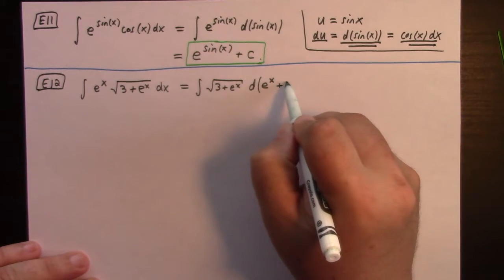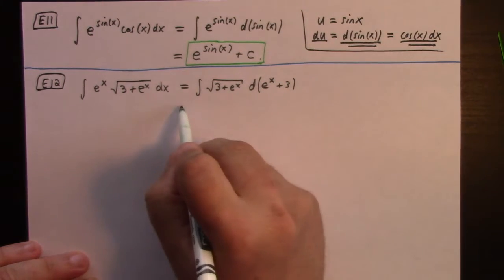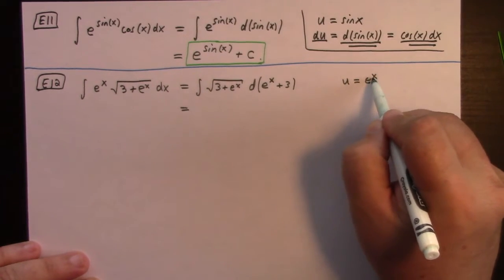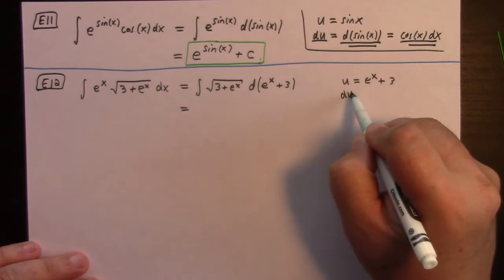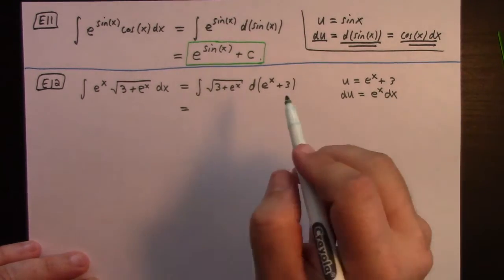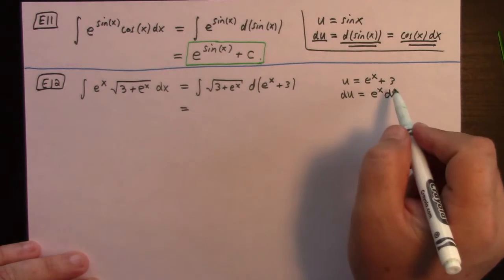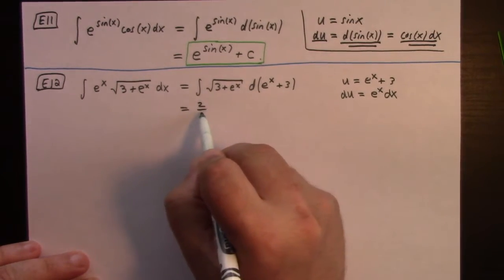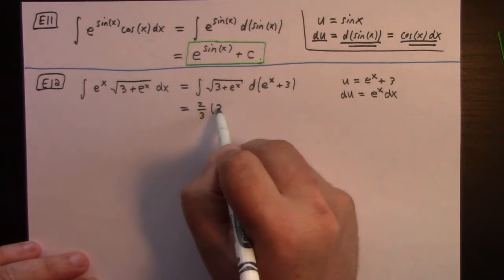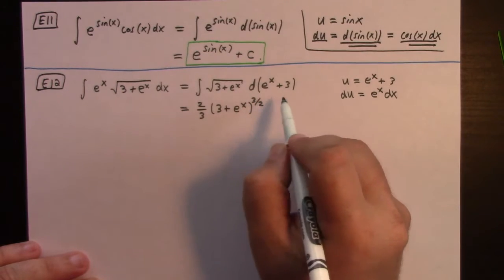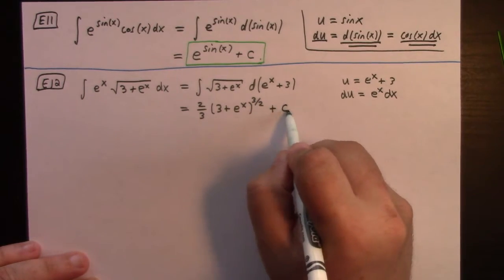Or I wrote it in the opposite order, sorry. So the point is I can make u equal e to the x plus 3, and then du, of course, is e to the x dx. So this is the integral of the square root function, which by now we know is 2/3 times the 3/2 function plus a constant.